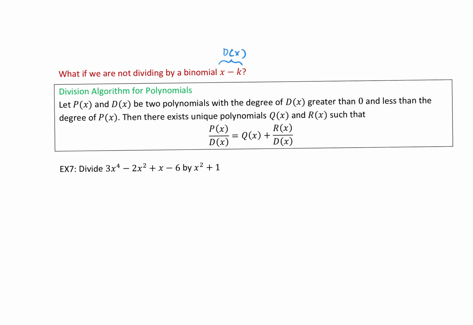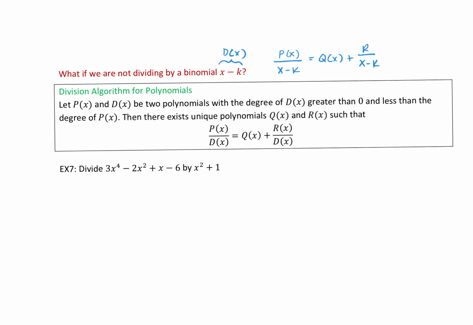Recall in the very beginning, we had this formula that said if you take a polynomial and you divide it by a binomial of the form x minus k, it's going to be equal to this quotient polynomial q of x, plus our remainder, which was a constant, over x minus k.